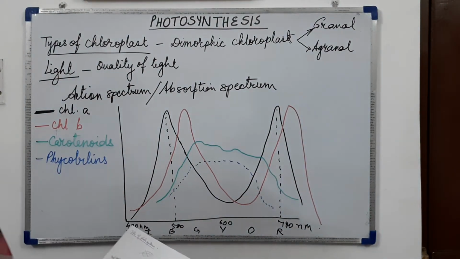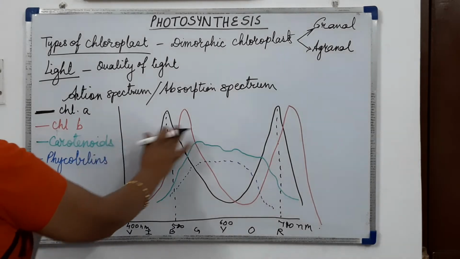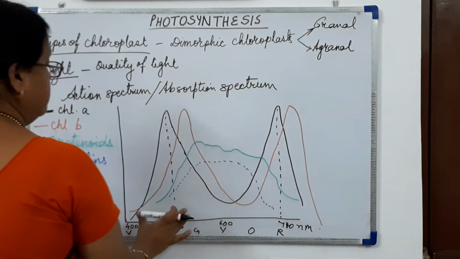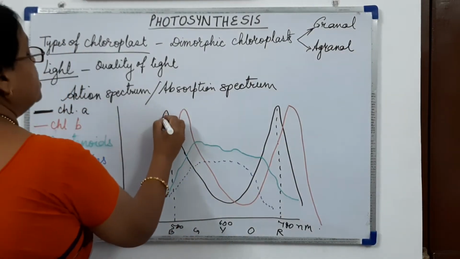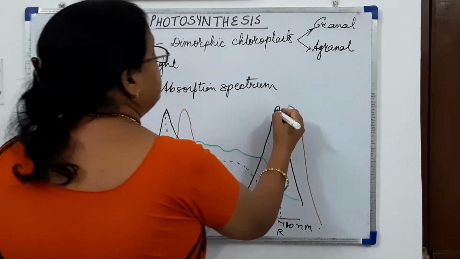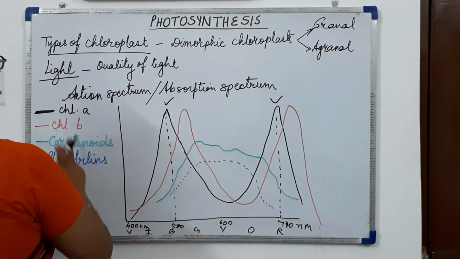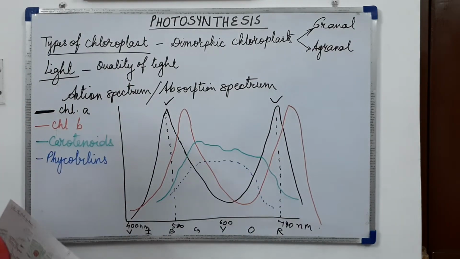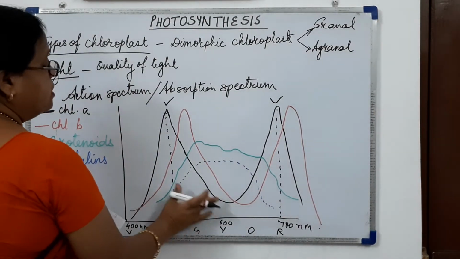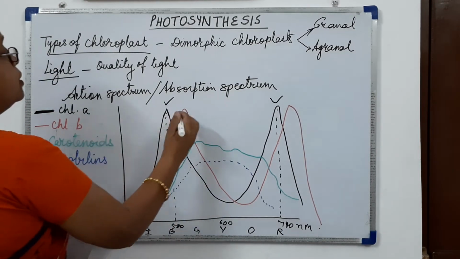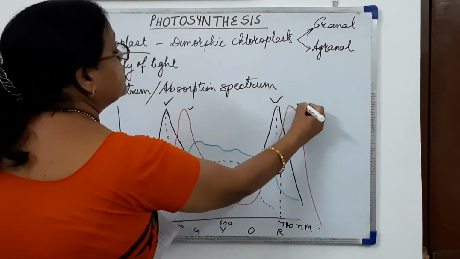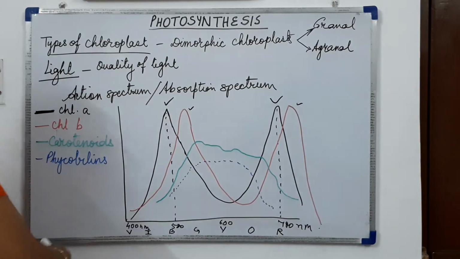So what we can see from this graph, the maximum absorption is taking place in these two peaks which are shown by chlorophyll A. Then chlorophyll B is a little bit equivalent.